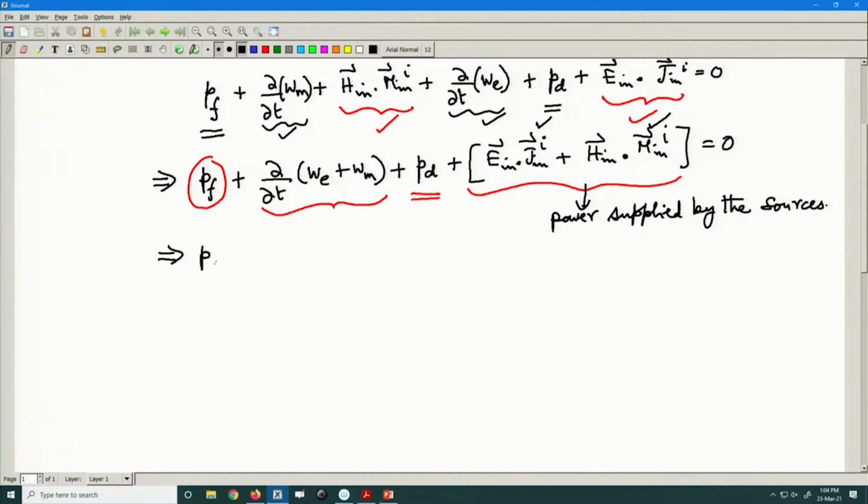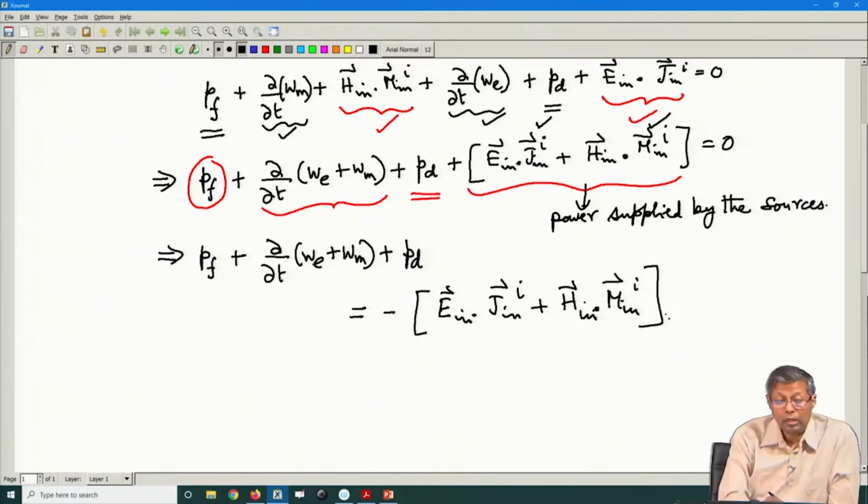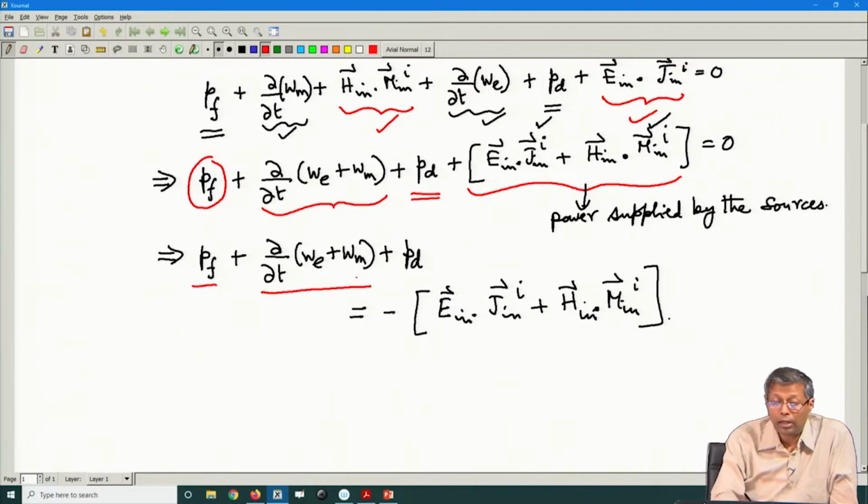So, therefore, the equation is now arranged such that the power flow term P f, the time rate of change of the stored electric energy and the magnetic stored energy, and the power dissipation terms are on the left hand side of the equation.